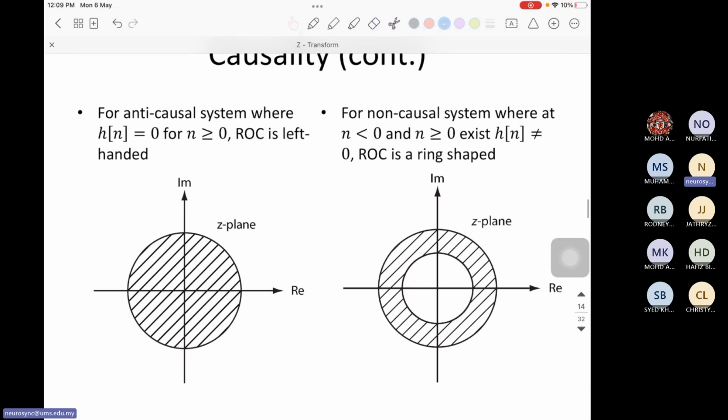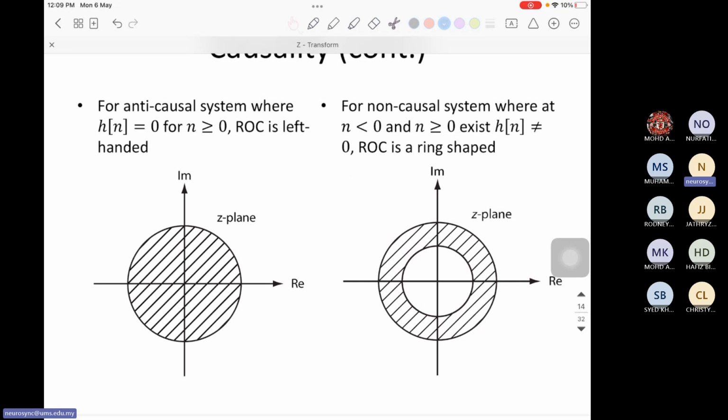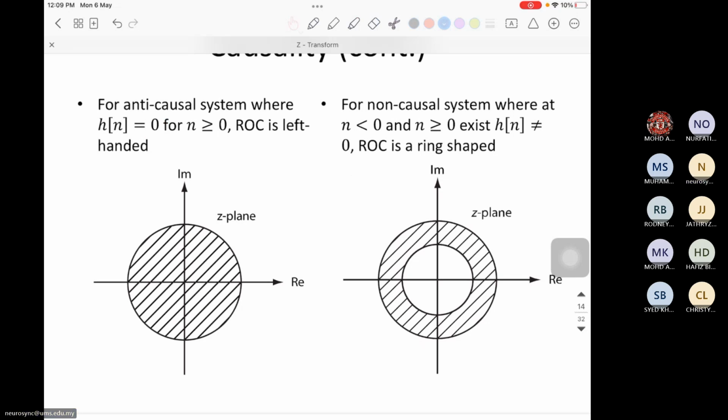Now, if we have the region of convergence inside the circle, we cannot say this is the unit circle, inside the circle. Now for the anti-causal system, what is the anti-causal system? In the anti-causal system, h of n equals 0 for n greater than or equal to 0.